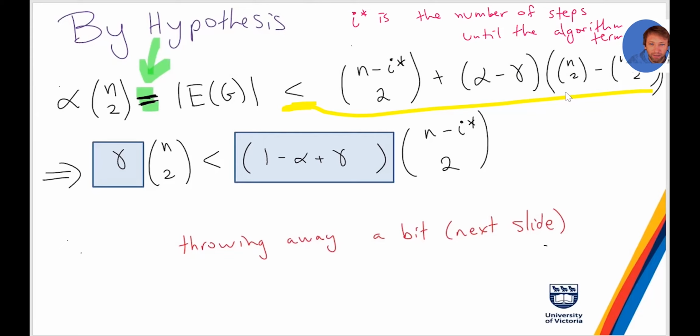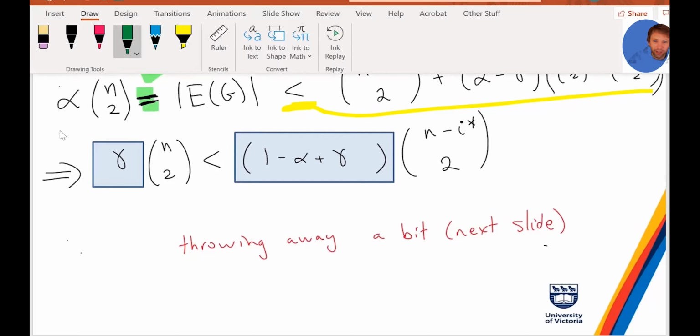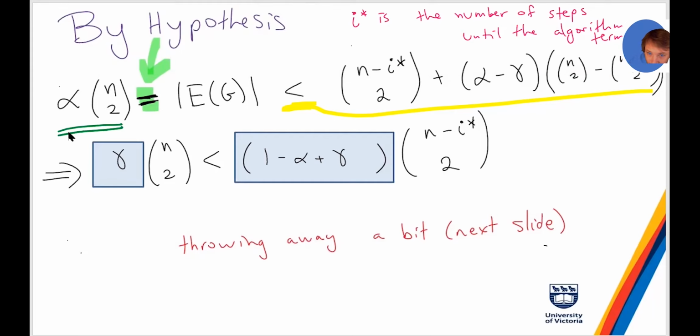So let's maybe go through this sort of quickly. This is just algebra. All I'm doing here is, so I have this equality here. So this is by hypothesis that the number of edges in G is alpha n choose 2. That was my assumption in the lemma. So you can solve this. You've got things that have n choose 2, so I ignore the E of G here.